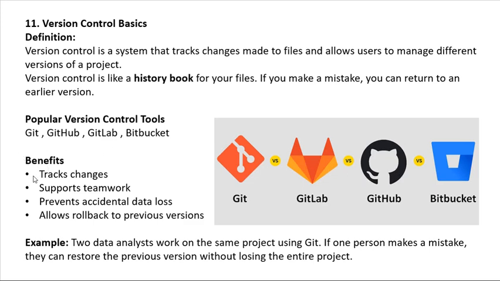The benefits are tracking changes, supporting teamwork, preventing accidental data loss, and allowing rollback to previous versions. For example, two data analysts work on the same project using Git, and if one person makes a mistake, they can restore the previous version without losing the entire project.